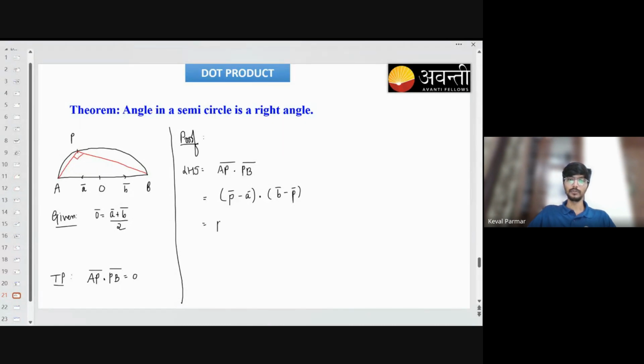What is this equal to? P bar dot B bar minus P square minus A bar dot B bar plus P bar dot A bar.